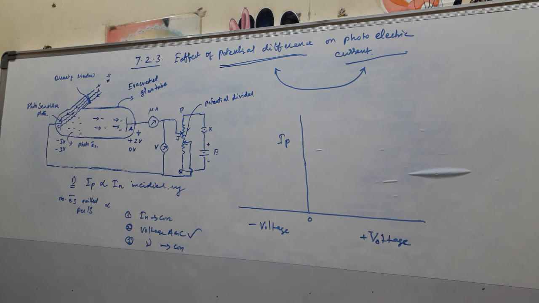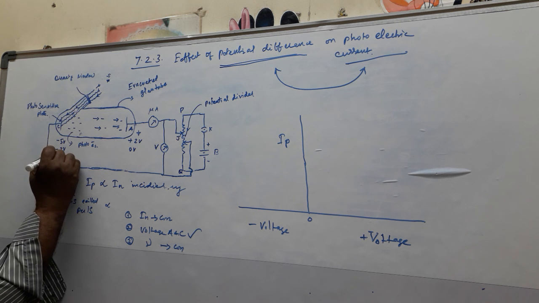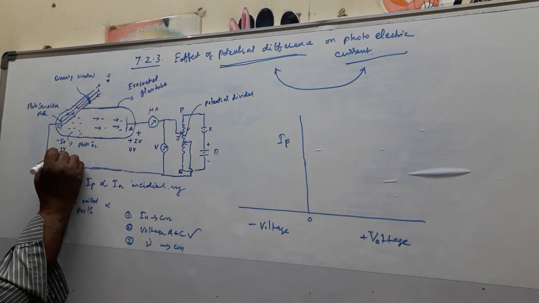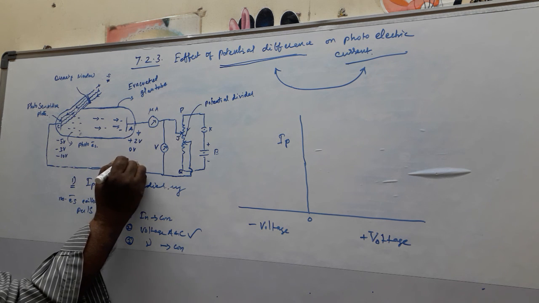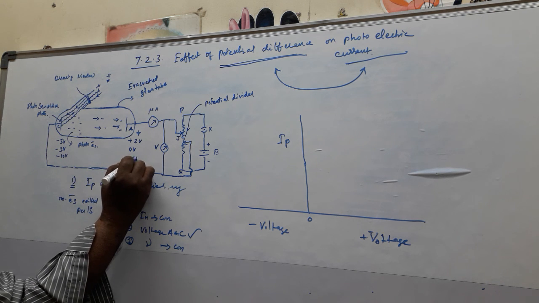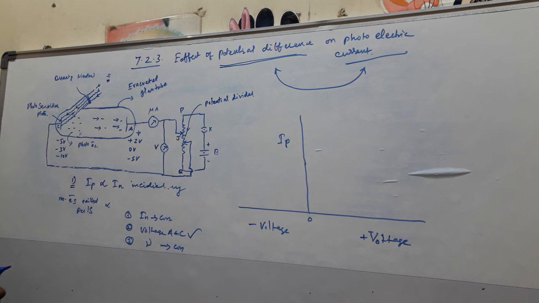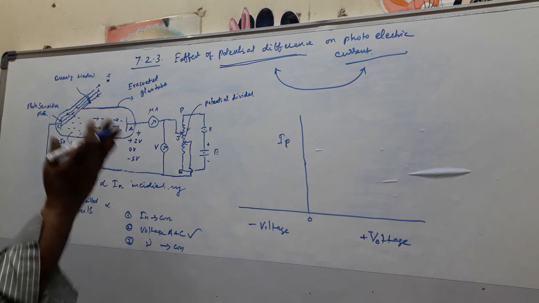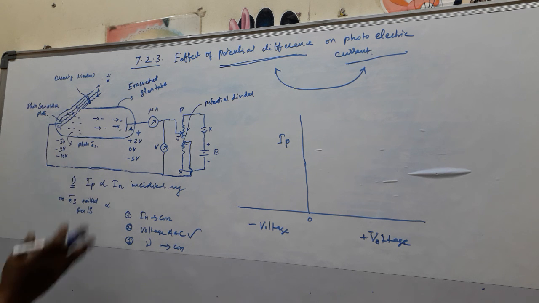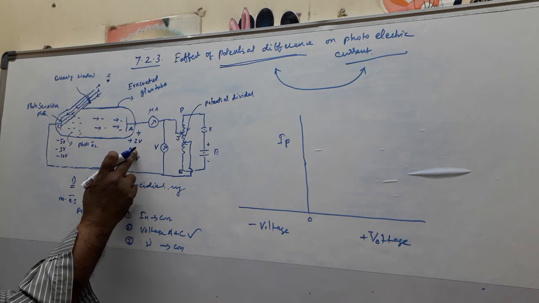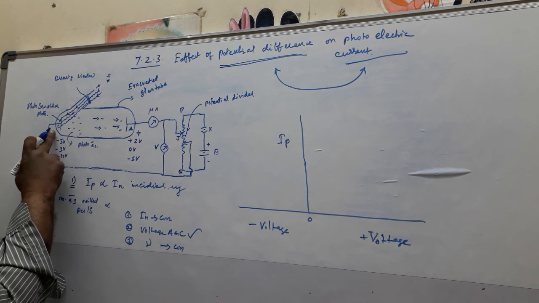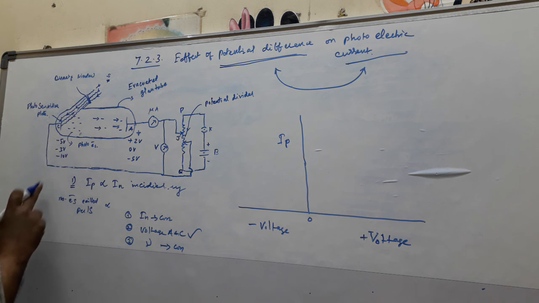Are you clear? Likewise, suppose the cathode is at minus 10 volt and the anode is at minus 5 volt.